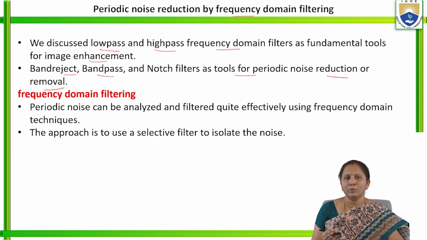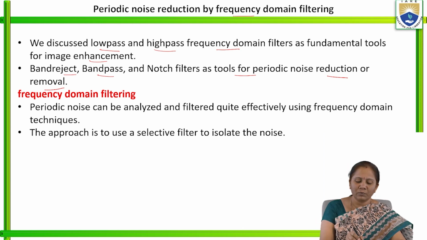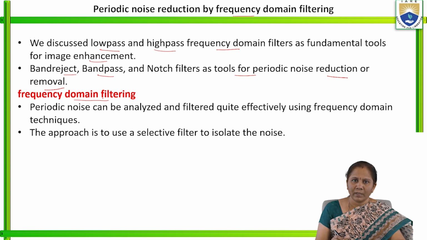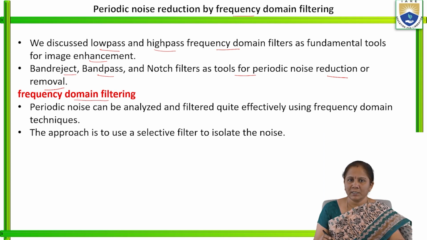In that, the processing operation will be done. After that, the inverse discrete Fourier transform should be applied in order to convert the frequency domain image back into the spatial domain. This is how the operation is performed in frequency domain filtering.